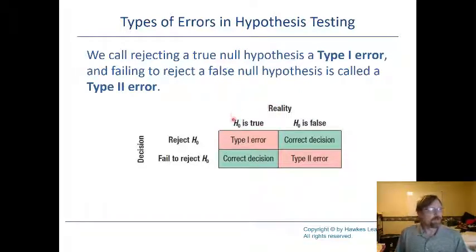Rejecting a true null hypothesis is a type 1 error. So this is alpha here. Alpha is the probability of having a type 1 error. If you've got a false null hypothesis that you fail to reject, that's a type 2 error.